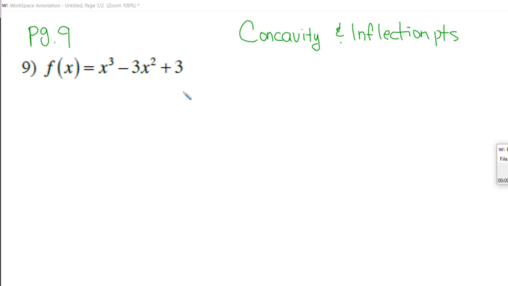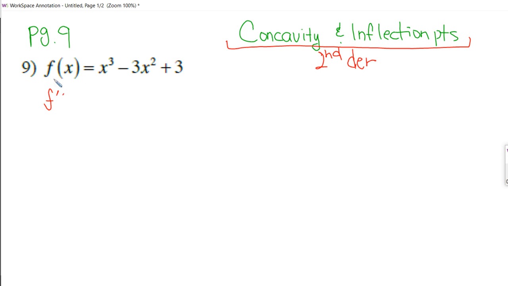So when we look at concavity or inflection points, we're looking at the second derivative of the function that we're talking about. So we're going to go ahead and take the derivative of f of x.